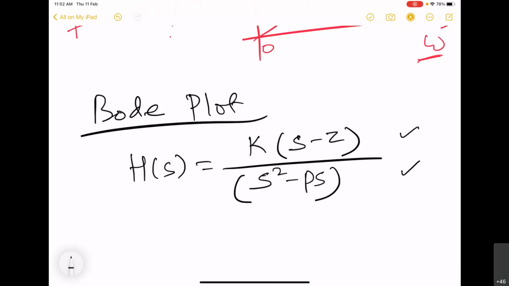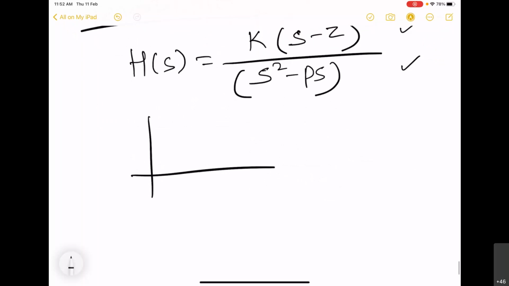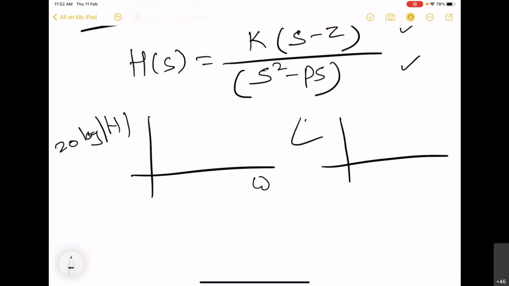And this is a transfer function for which we have to do this plot: H magnitude, 20 log, with respect to omega in frequency, and similarly the phase with respect to frequency, again in log axis. So keep in mind these x axes are always going to be log.